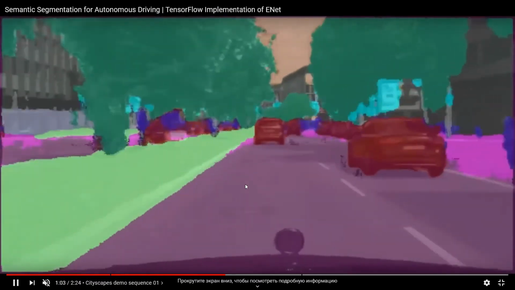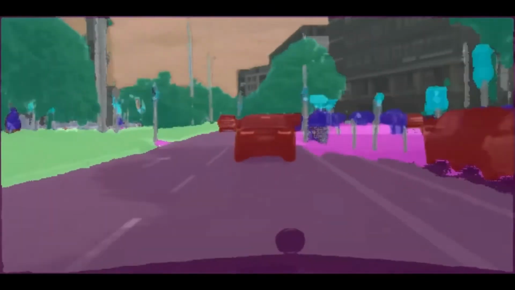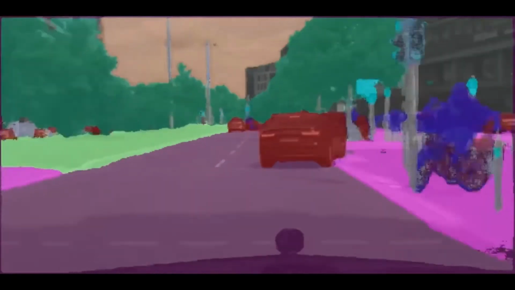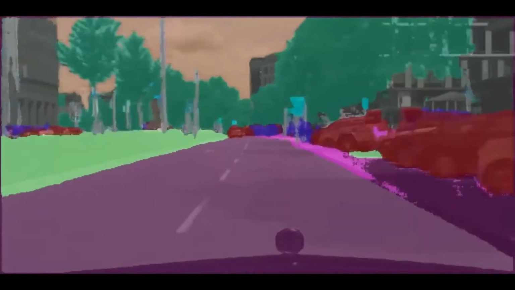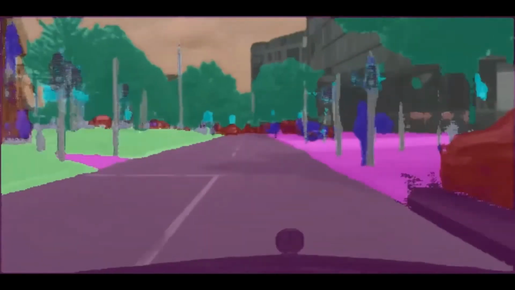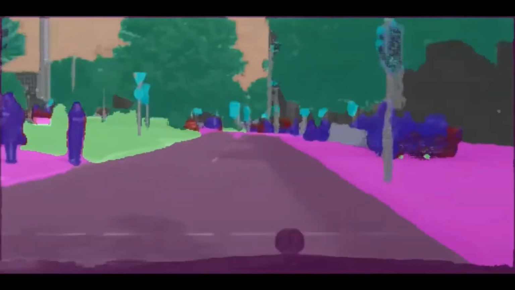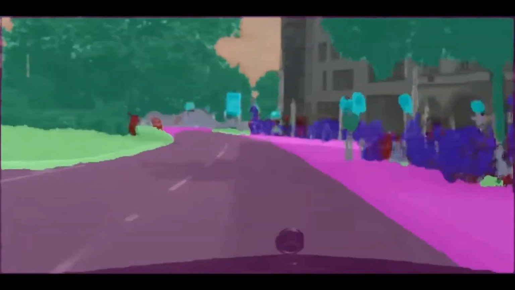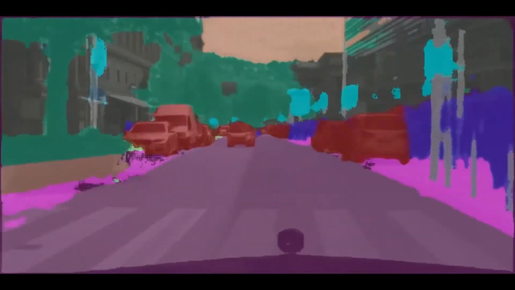Well, a question just appeared in my head. Is it possible to make exactly these things without neural networks? If we would know the interval of the color for the road, for the sky, for the building, and so on, then it will be easy to detect well-known parts on the road.